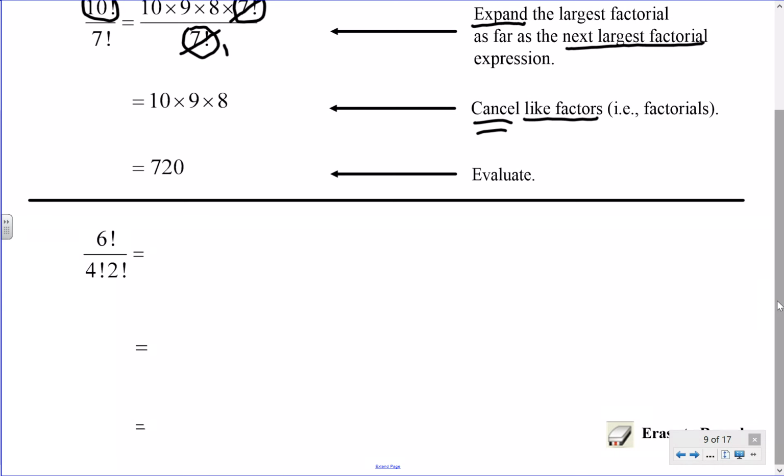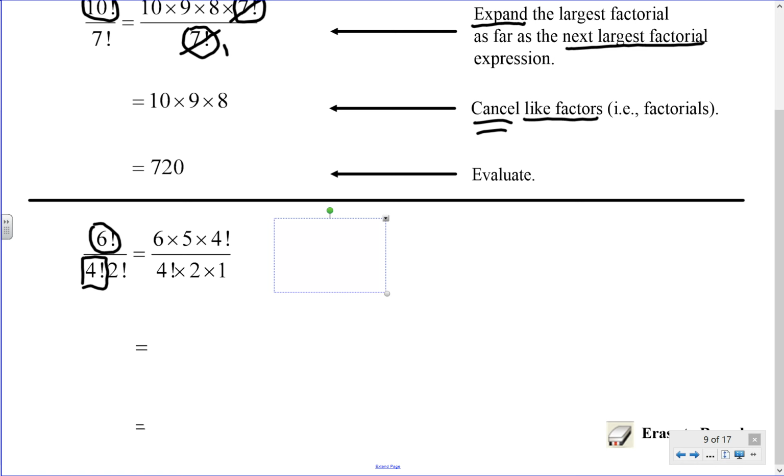As far as a first step is concerned, the largest factorial is the 6 factorial. So we need to expand this out as far as this factorial here. You can see that's been done through the numerator, and then 2 factorial is none other than 2 times 1.